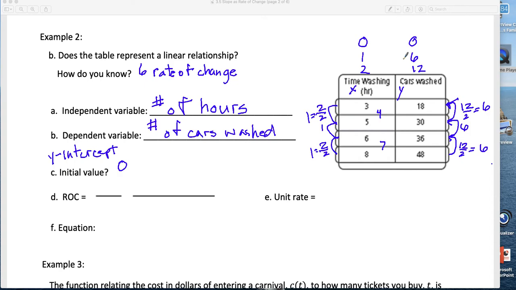And remember that this is a y-intercept, so I want the description that goes with y's. And that's cars washed. So my initial value is 0 cars. My rate of change is going to be y's over x's. So I'm going to have 6, and the units for the y's is cars.